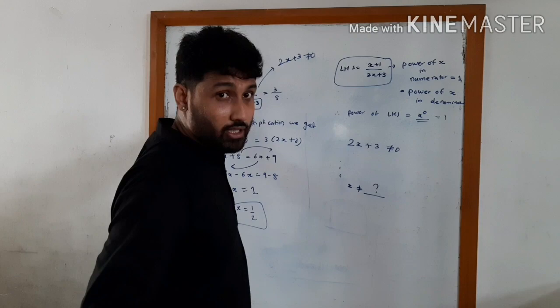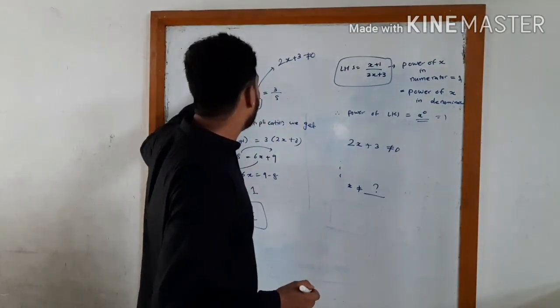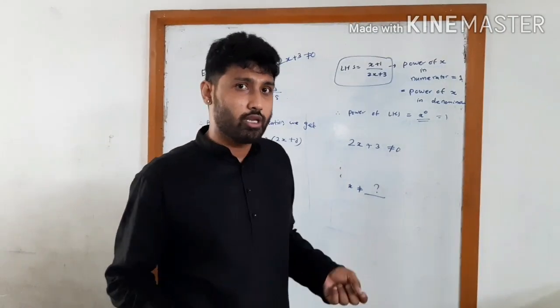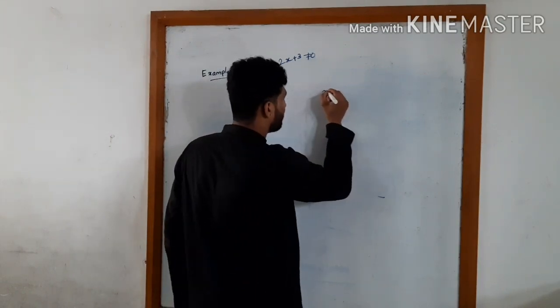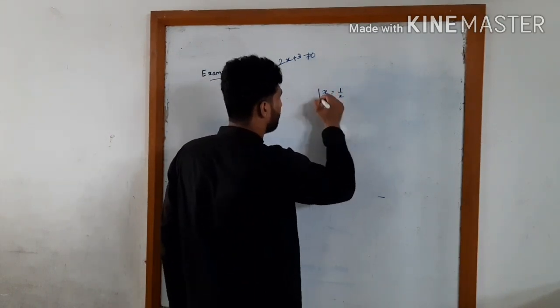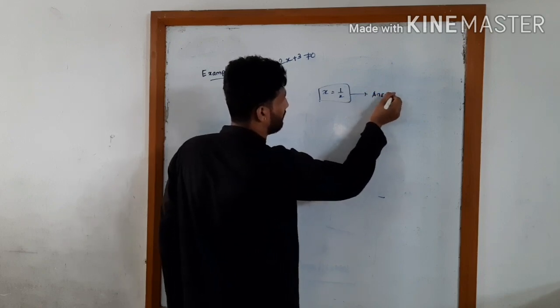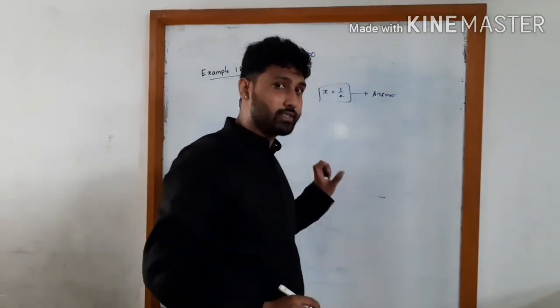And let us also see if our answer is correct. So LHS is x plus 1 upon 2x plus 3. It should be equal to 3 by 8. We have got x is equal to 1 by 2 as the answer. Right? Now let us try to verify if this is correct.